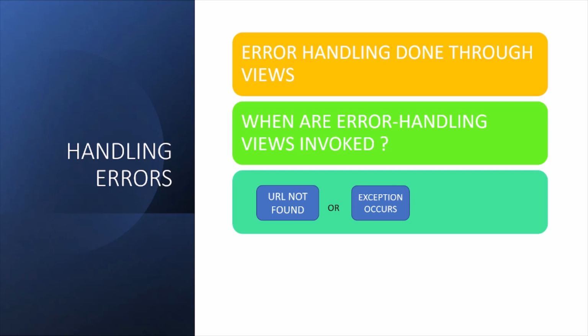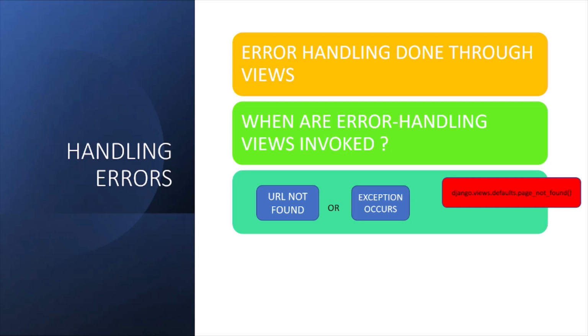So by default, for the URL not found error, this is the view that will be called, right? And that view is built into the framework, as I said. Now you can create your own custom error handling views. You would normally not need to, unless of course you've got to do error logging as part of your project brief.